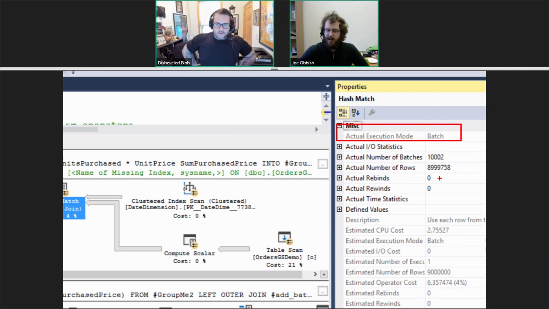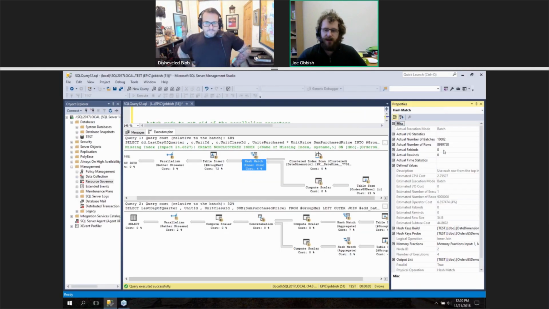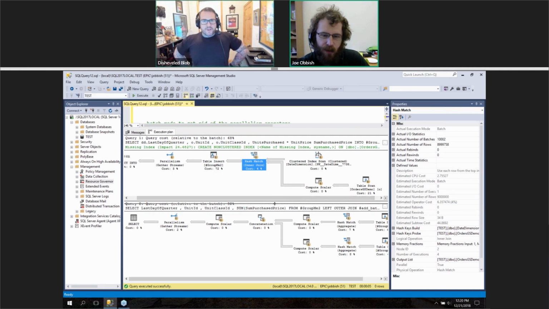Nice. So batch mode processing can be more efficient. The big benefit here is that batch mode operators all internally handle thread management on their own. So there isn't the need to move rows around between threads. That's just built in. And it just runs faster.